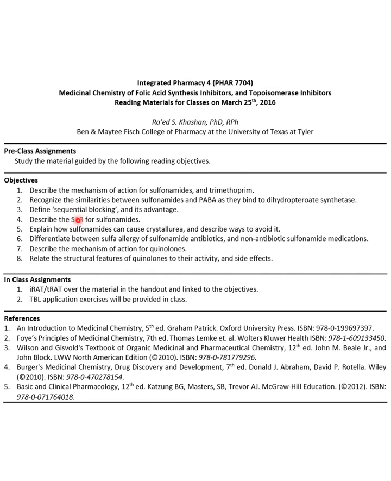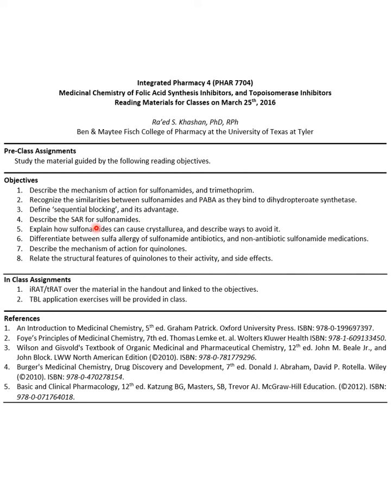Then you should be able to define what a sequential blockade is and what its advantage is. The advantage will help us reduce the dosage of the two products combined. Sequential blockade is having two products that block two enzymes in the same synthetic pathway. This way you can reduce the amount of each drug needed, which makes the combination safer.